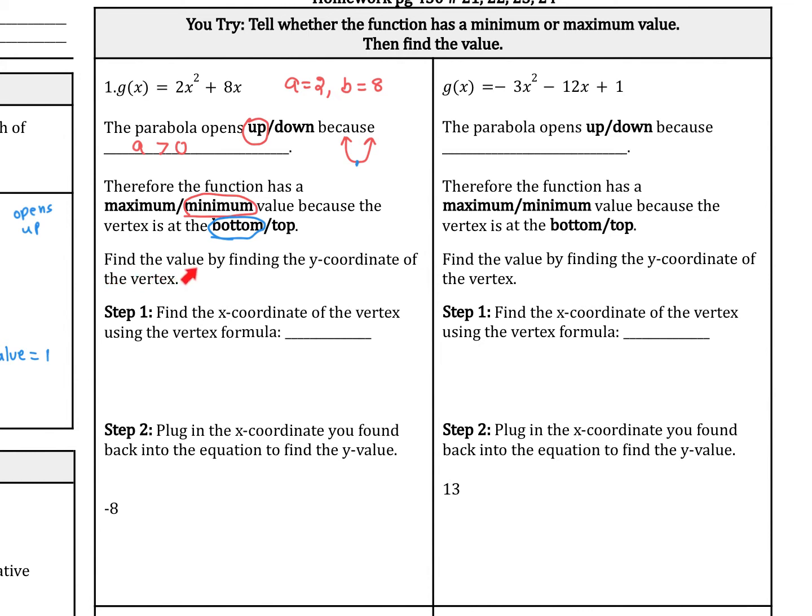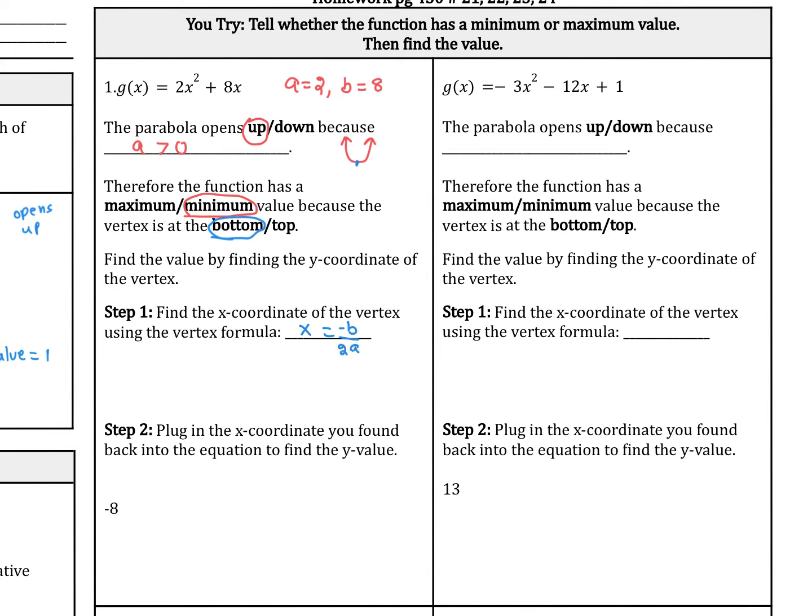Next, find the value by finding the y coordinate of the vertex. Now we are going to find the minimum value. To find the minimum value, we need the vertex. Step number 1 to find the vertex is to find the x coordinate by using the formula x equals negative b over 2a.